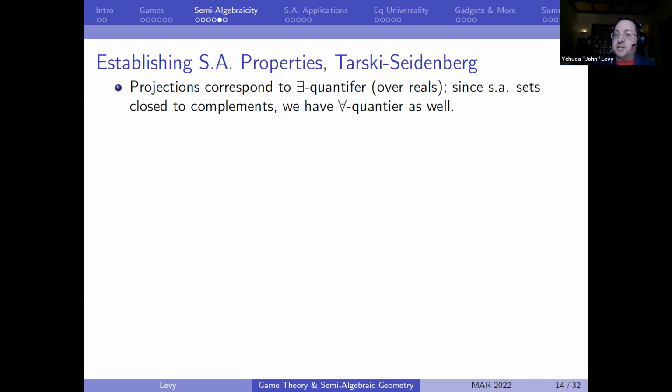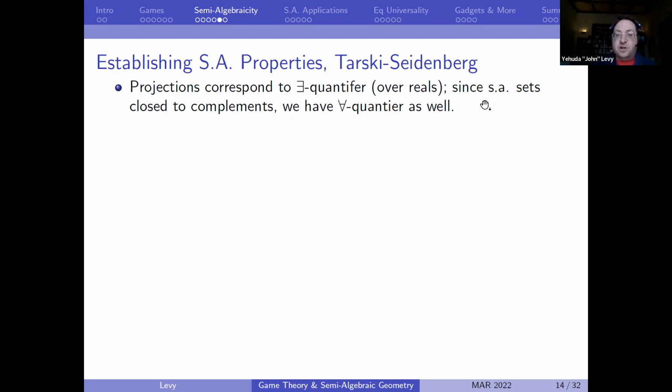But if they're closed under projection, you can also take the existence quantifier over the reals, not over the integers, say, or more generally over whatever field you're defining them. And since they're closed under complements, that also closes them under the for-all quantifier.